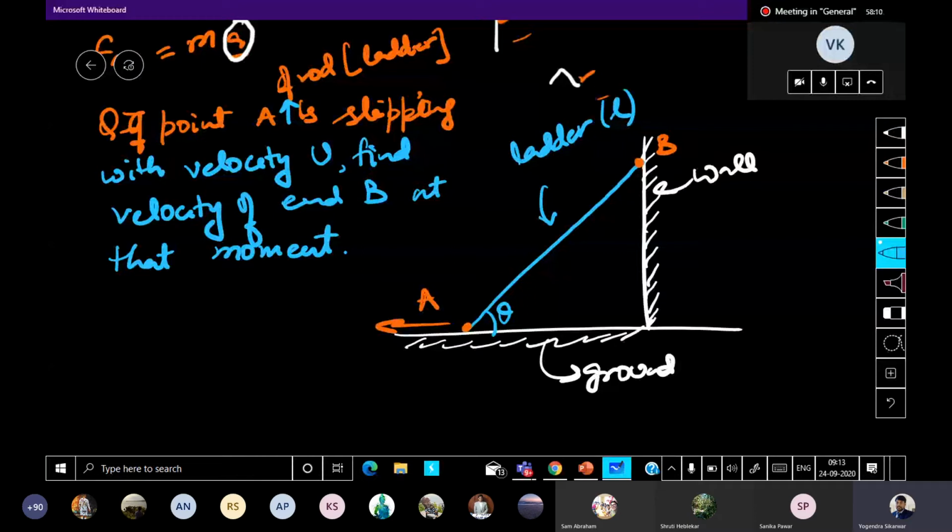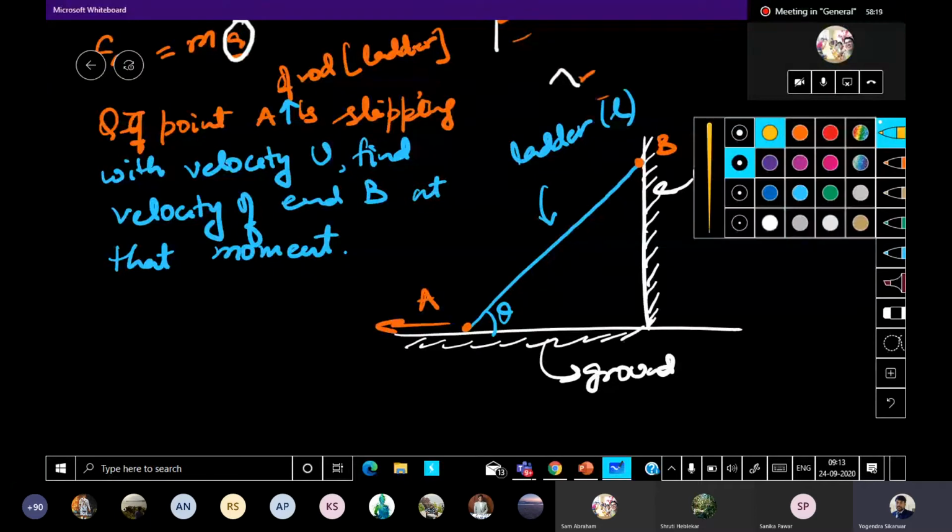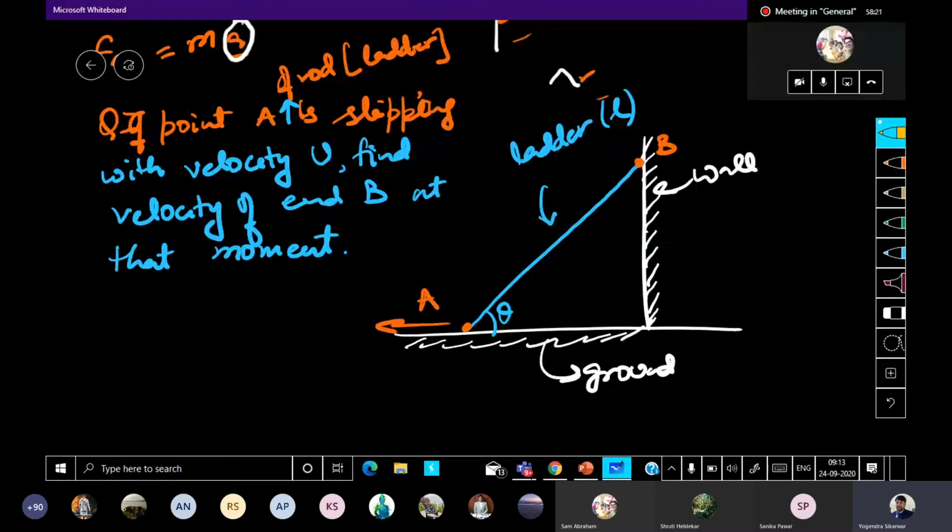Okay, everyone, please pay attention. I just wanted you to attempt this. In such types of questions, what we do is, I am considering the distance of this point from this end O as x, and the distance of this point as y.